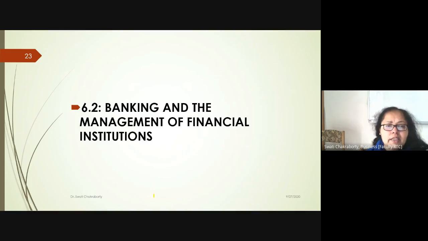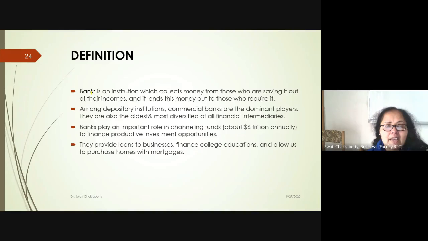Okay, we go to the next topic that we have, that is banking and the management of financial institutions, right? So a bank is an institution which collects money from those who are saving it out of their incomes, and it lends this money to those who require it, that we know. And among all the depository institutions, it's commercial banks who are the dominant players.